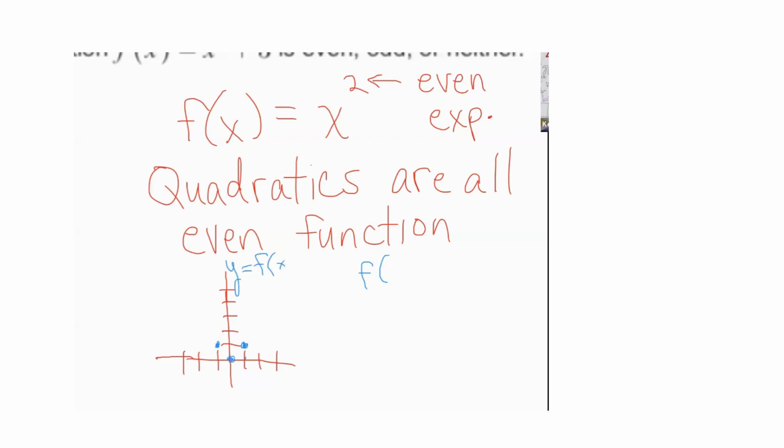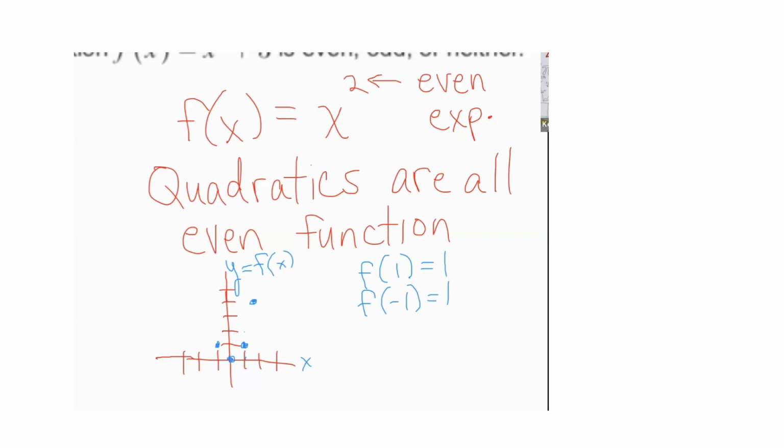So this is x: f of positive 1 equals 1, and f of negative 1 equals 1. And then I told you we go like 1, 3, 5. So from here we go up 3, 1, 2, 3, out 1.